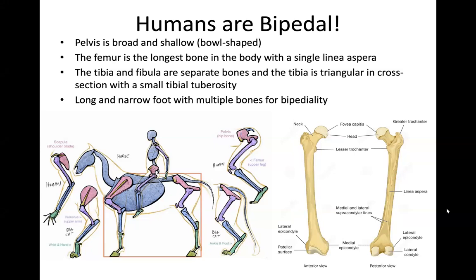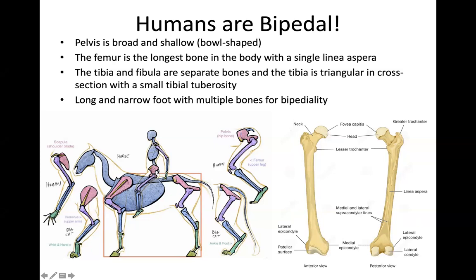And a lot of animals, they don't have that very well-defined ridge like that because they're distributing their weight across four legs rather than two. The tibia and the fibula, which is the two lower legs right here, the two lower bones of the leg, ours are not fused.